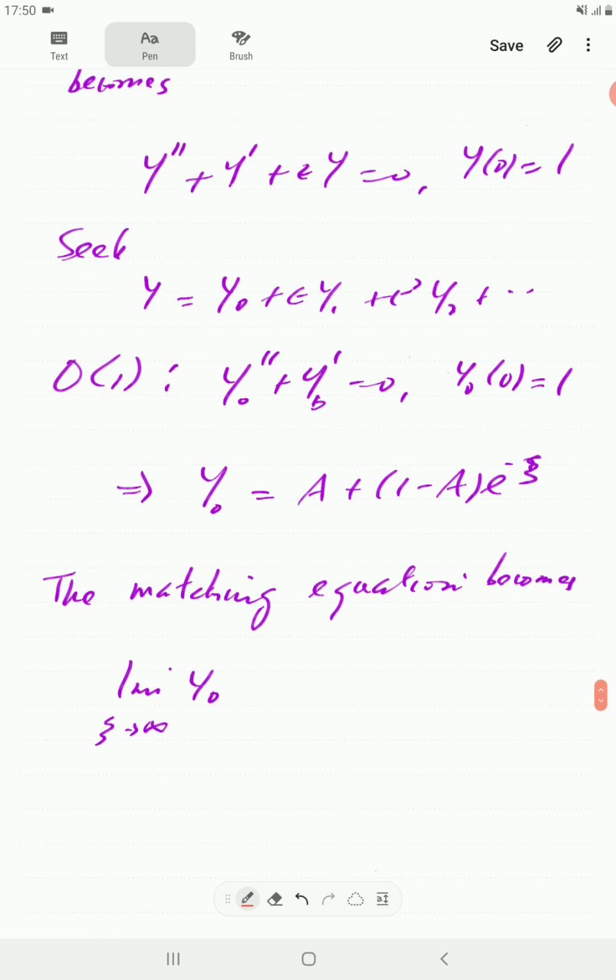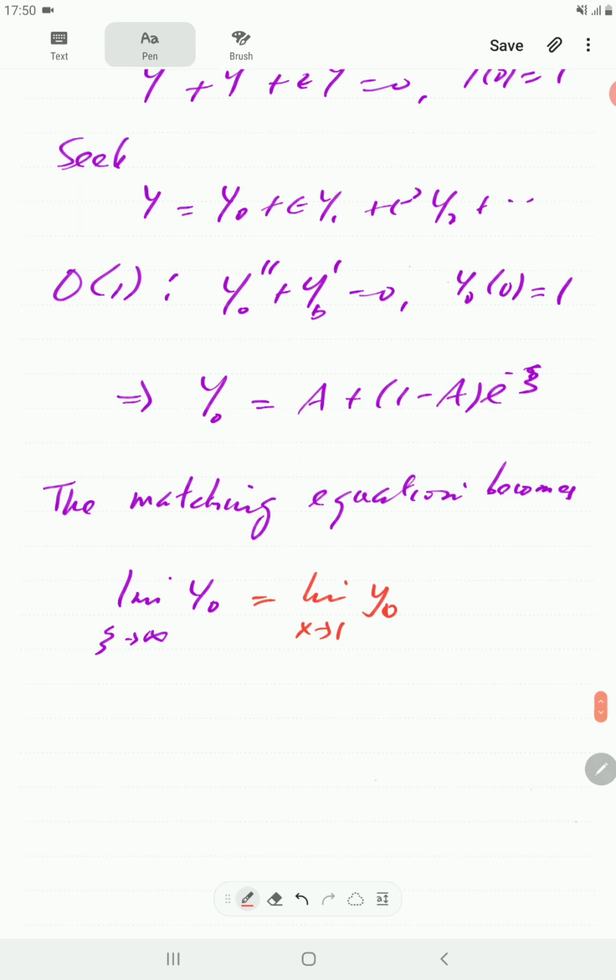So our limit is going to be as xi goes to infinity. This should be now x is going to go to 1 because the outer solution is valid at x equals to 0. And so if we let xi go to infinity here, that gives us a.